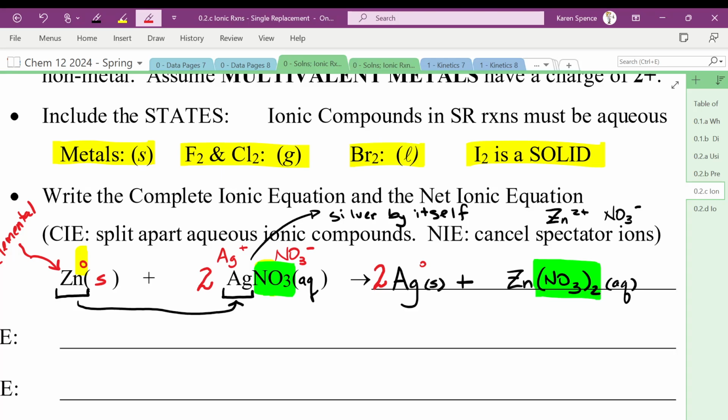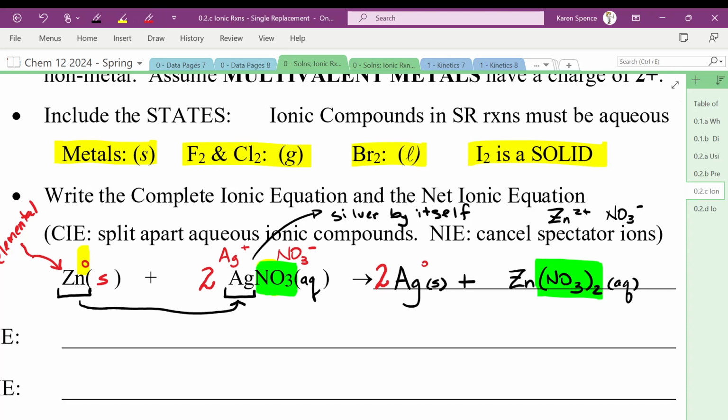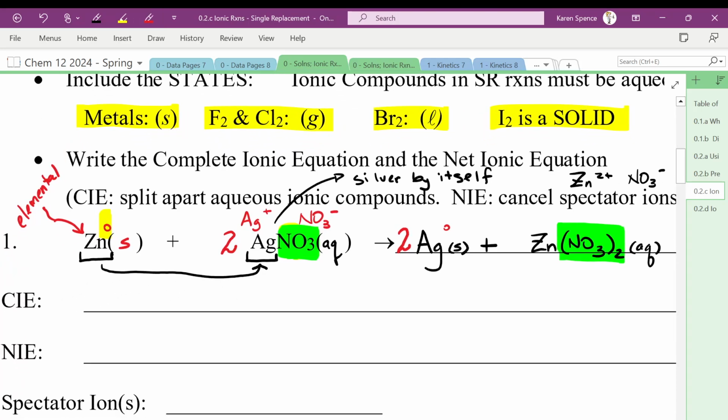Now we are going to write our complete ionic equation, doing just what we did before. If we have aqueous ionic compounds, they are going to, what's the word? Dissociate. So zinc solid, is that an ionic compound? No. So does it dissociate? No. And besides which, it's a solid. Okay, so we're just going to leave it alone.